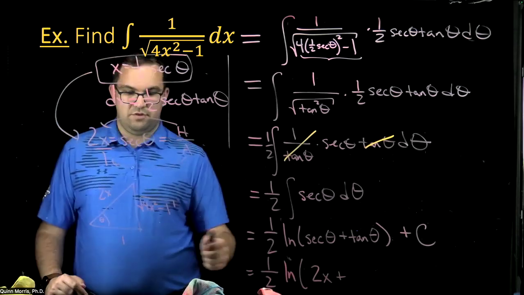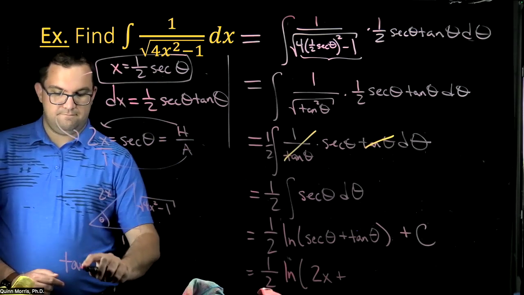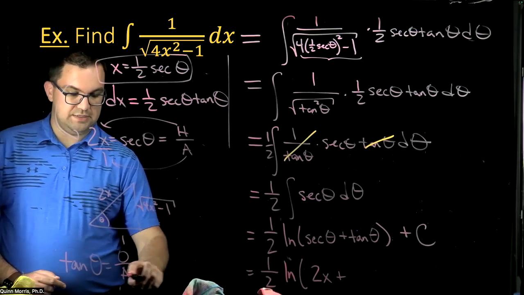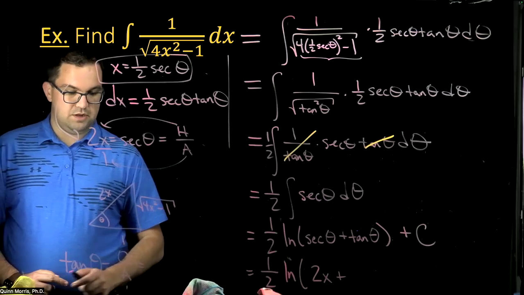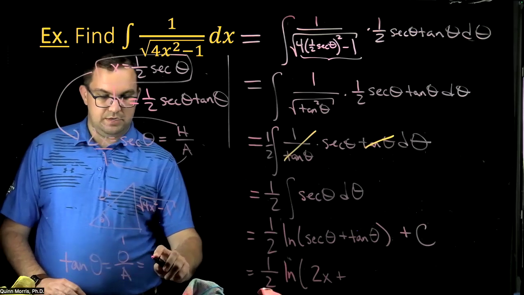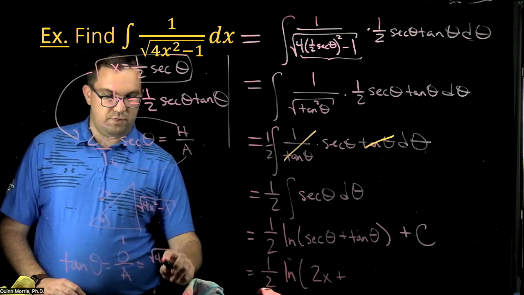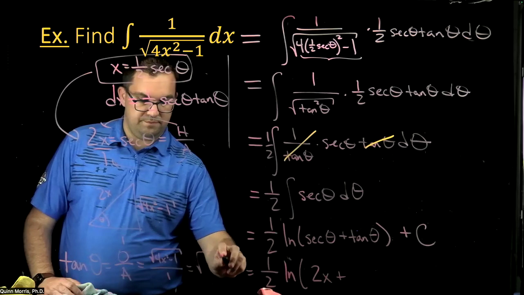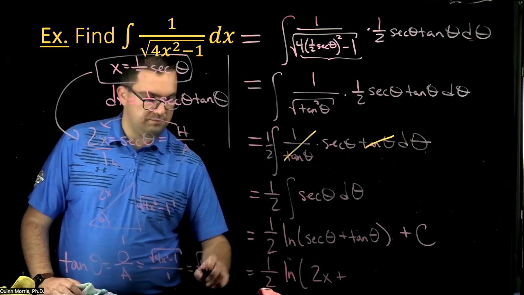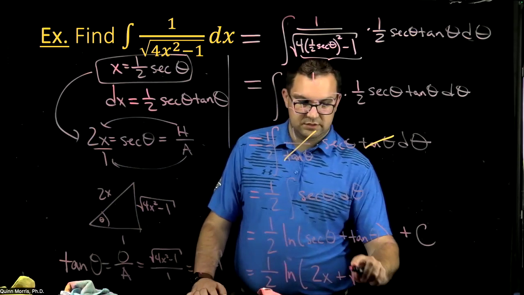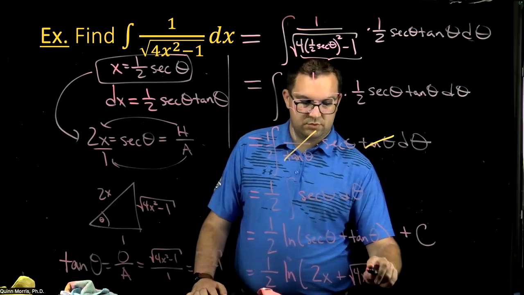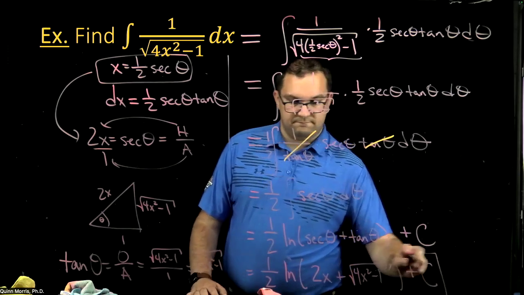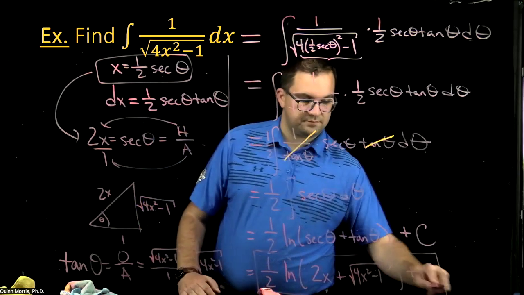And so the value of tangent theta would be opposite over adjacent, which is the square root of 4x squared minus 1 over 1, or simply the square root of 4x squared minus 1. So you get 1/2 times the natural log of 2x plus the square root of 4x squared minus 1, plus c. And there's our final answer.